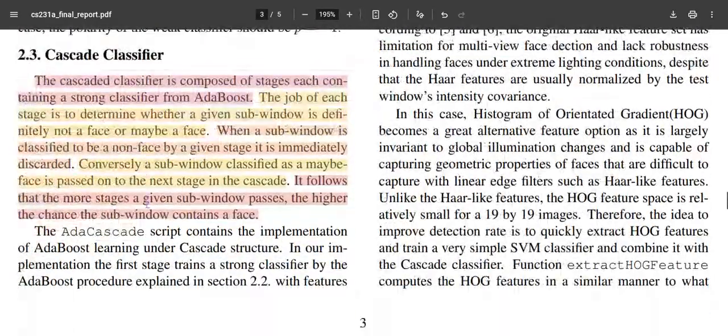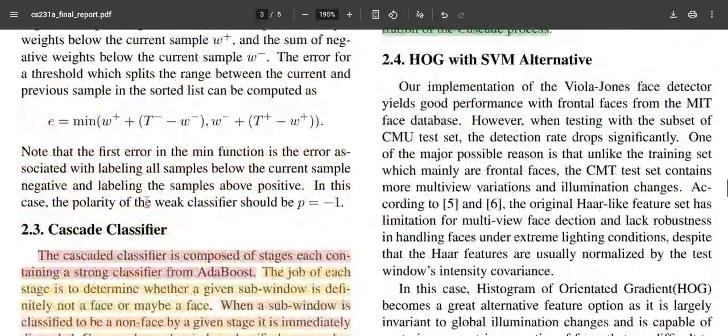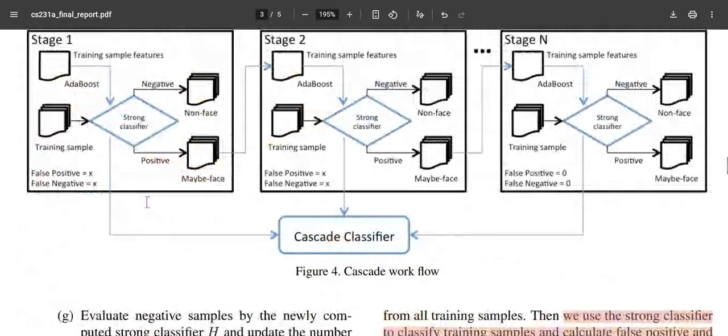The second stage is then given the window and again filters out whether it is a face or not. If it is a face, it goes to the next stage. If it is not a face, the sample is rejected. At each stage, we make sure the threshold is high enough so that there are no false negatives.